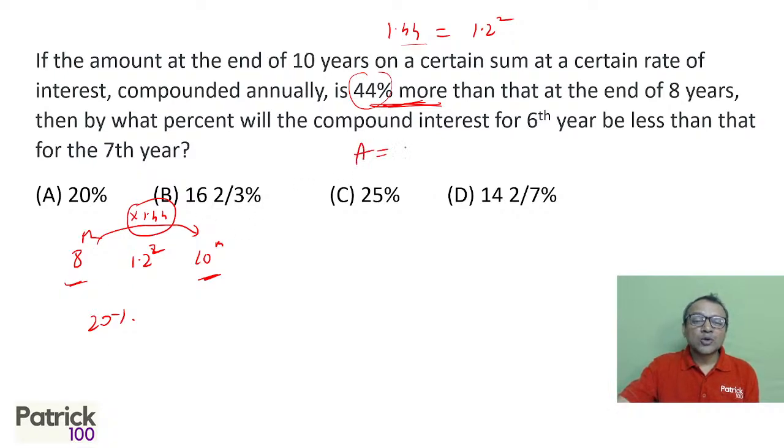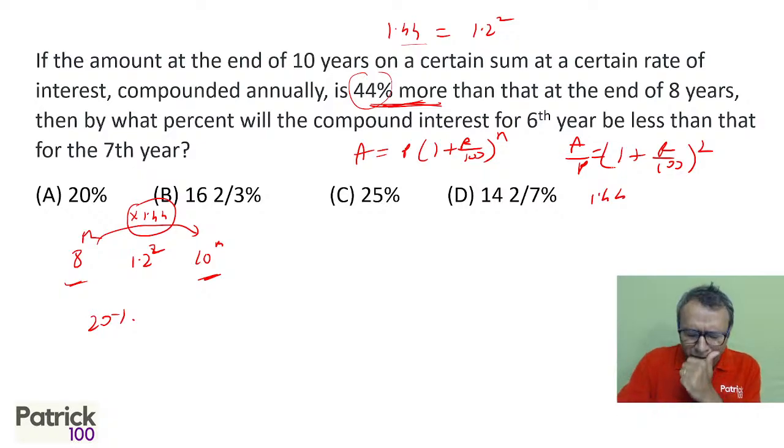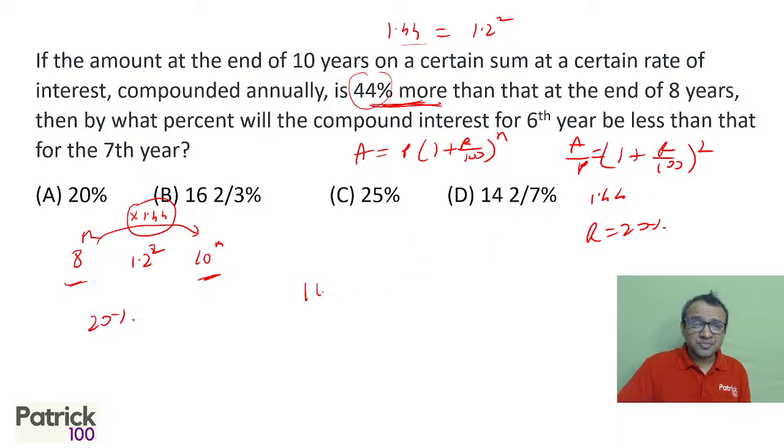So amount is equal to principal into (1 plus r upon 100) whole raised to n, where n is 2. So A upon P is (1 plus r upon 100) square, and A upon P is 1.44. From that we get r as 20%. So growth is 20%, meaning growth from 100 to 120.